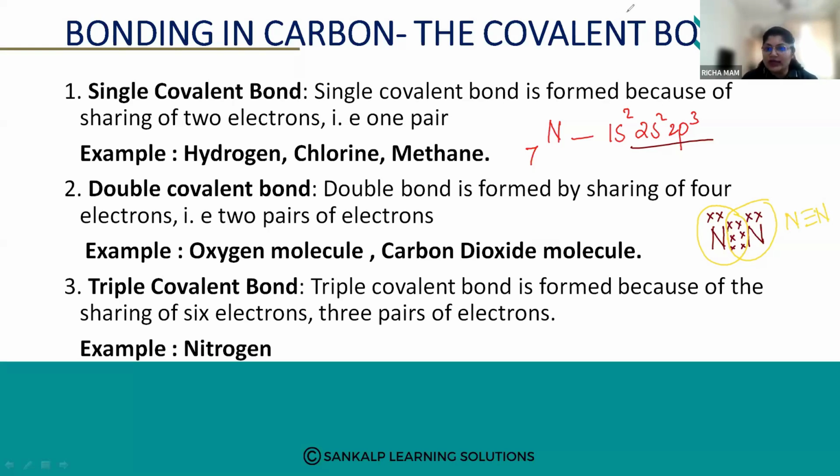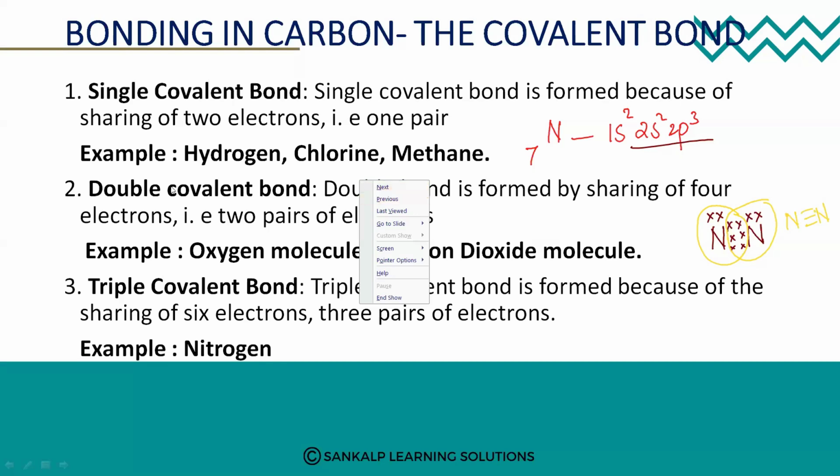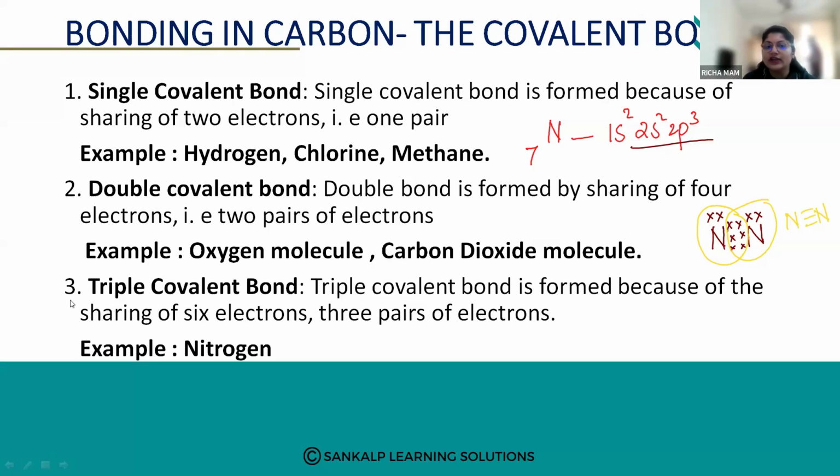I hope what is covalent bonding and what the types of covalent bonding are is clear. So this was about bonding. We have discussed what bonding is. Bonding in carbon: it is very difficult for carbon to either lose or gain electrons, so it participates in mutual sharing of electrons, and that mutual sharing of electrons is called covalent bonding.